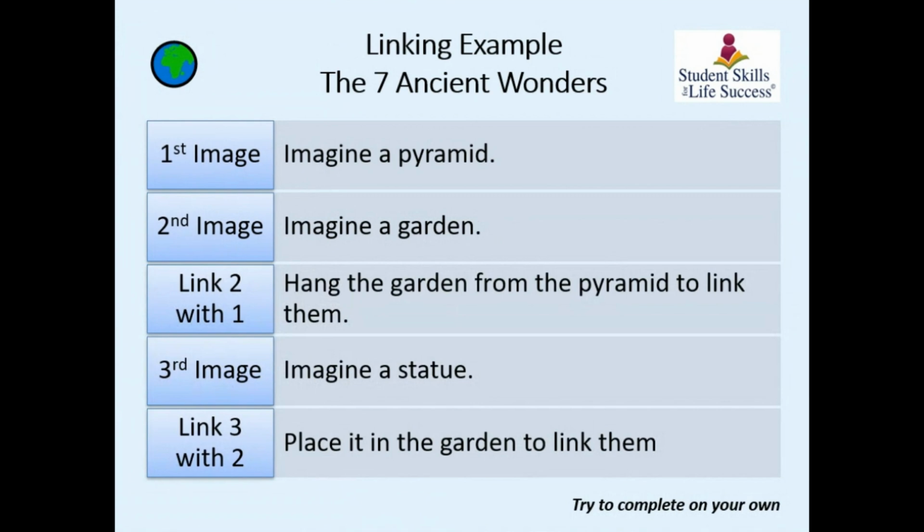Say, for instance, you have to name the 7 ancient wonders of the world. And you know that the first one is the Pyramid of Giza. The second one is the Hanging Gardens of Babylon.